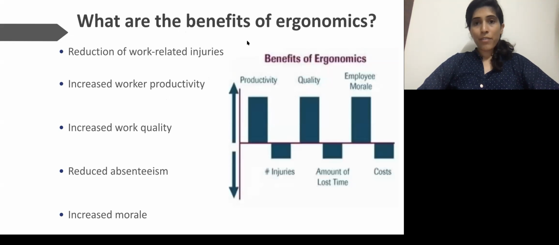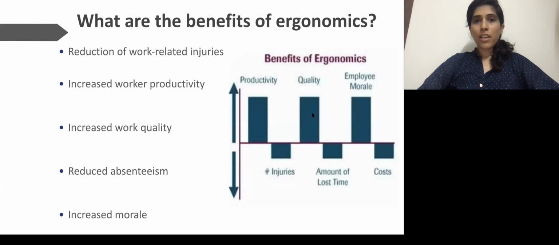So what are the benefits if a person follows ergonomics? As you can see in this diagram, there will be an increase in the productivity of the work. The down arrow indicates decreased chances of injuries.